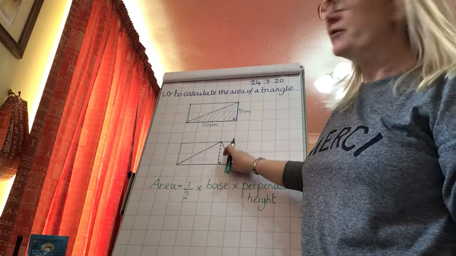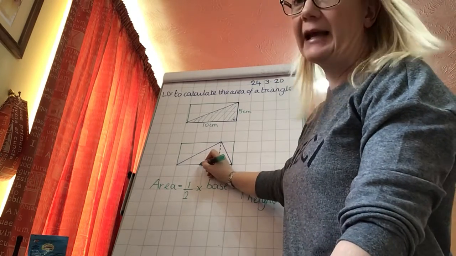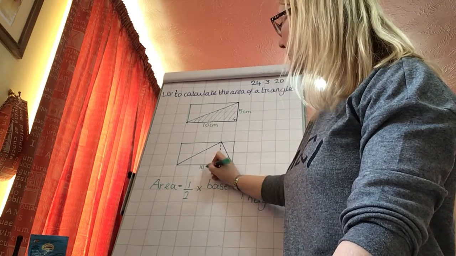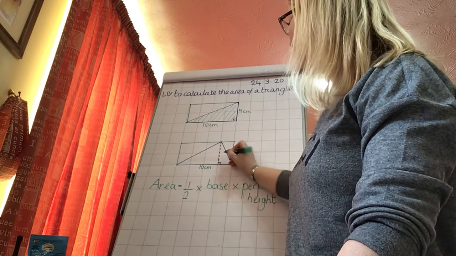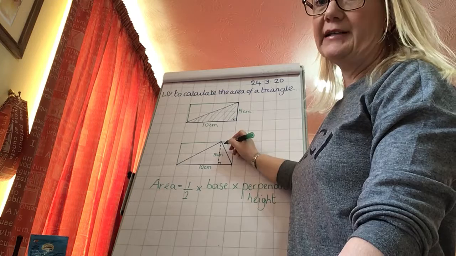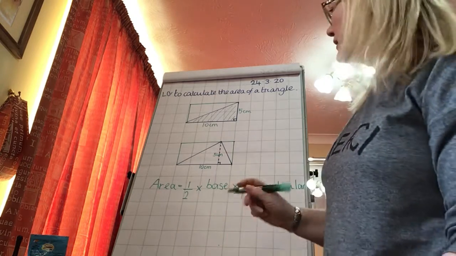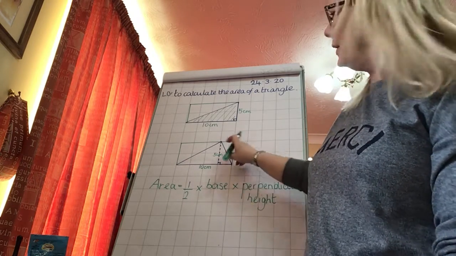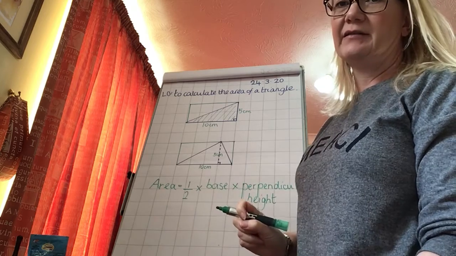So there's my rectangle, and I haven't put any lengths on yet, but let's go for the same. 10 centimetres for the base and 5 centimetres for my height, my perpendicular height. With this one, it's not quite so obvious, is it?